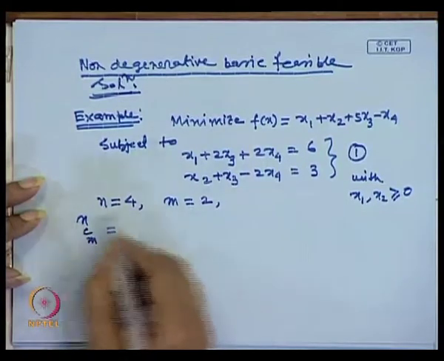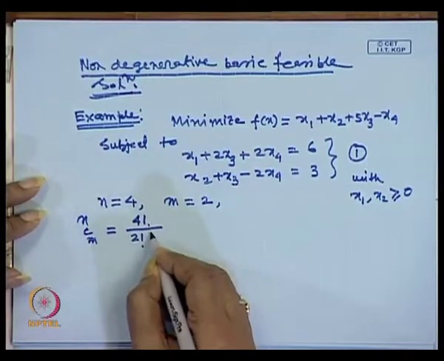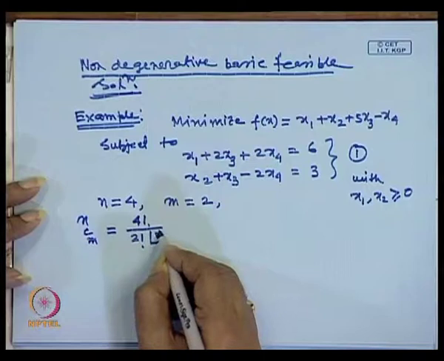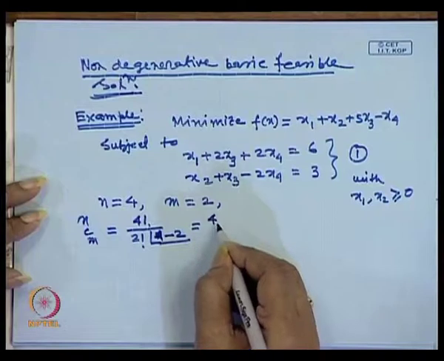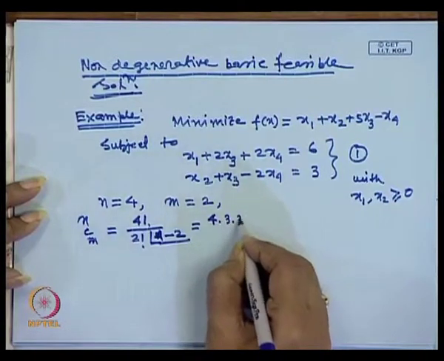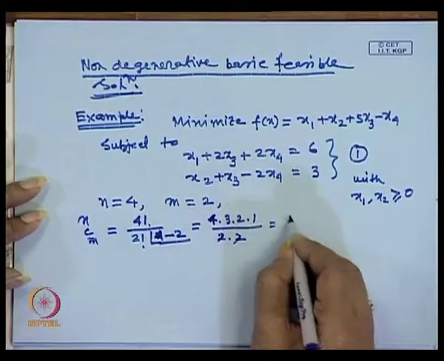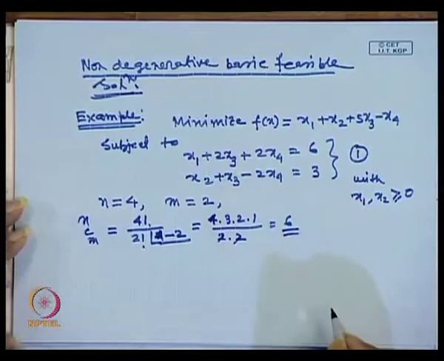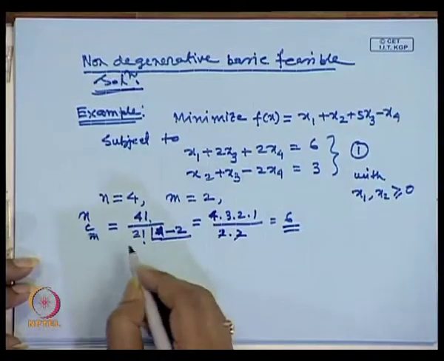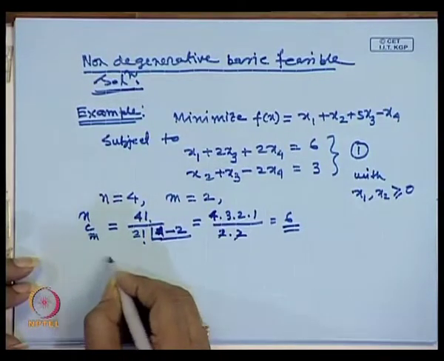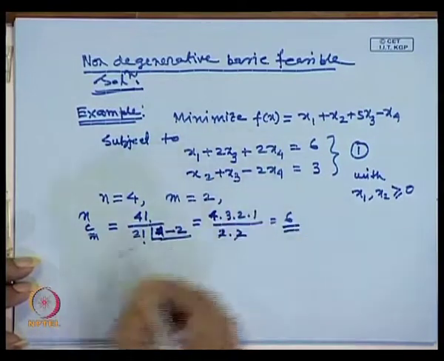In this problem we have 4 factorial over 2 factorial times (4 minus 2) factorial, which is 4 into 3 into 2 into 1 over 2 into 2. So we have 6 basic solutions. Agree?